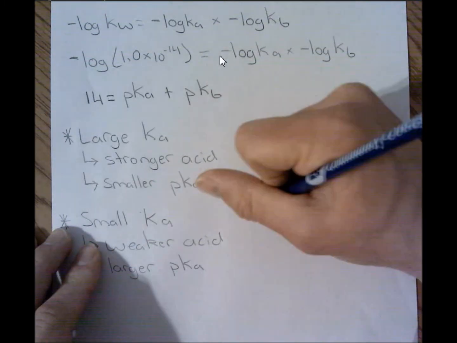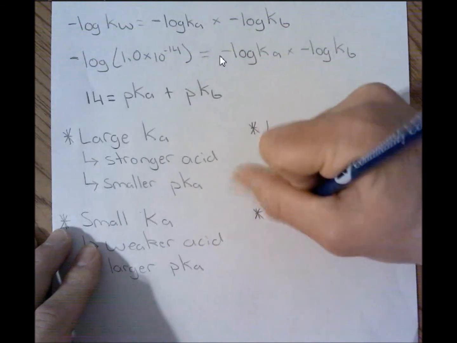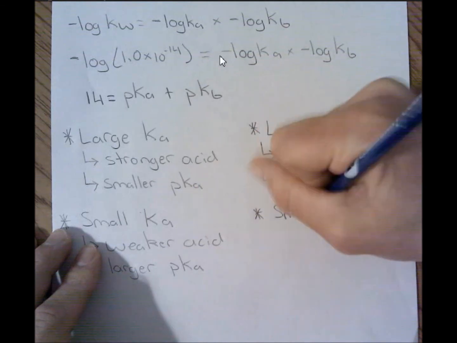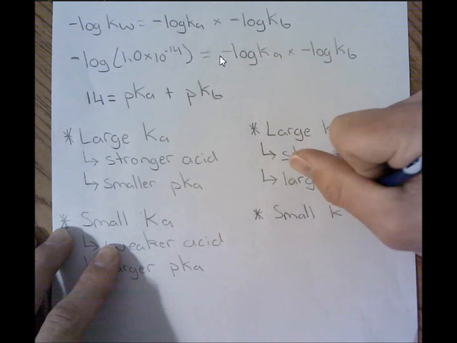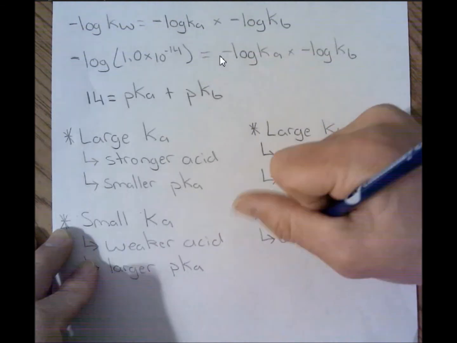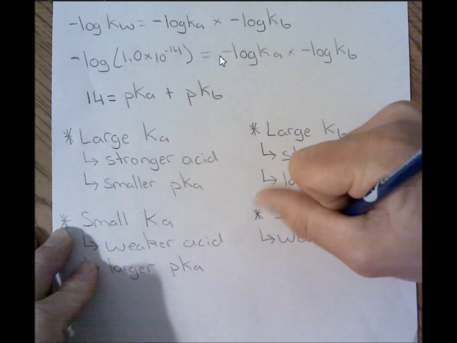Now, a smaller Kb is a couple of things. One, that means we have a weaker base.